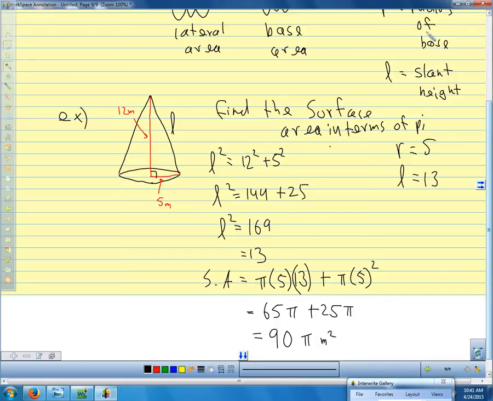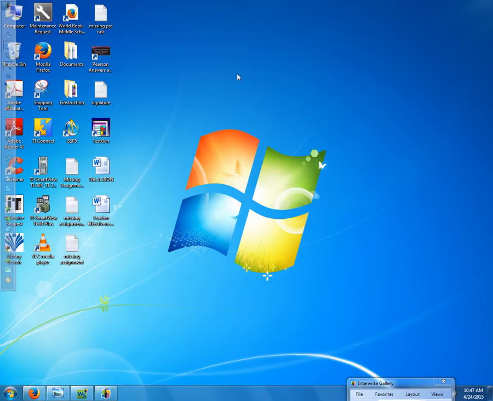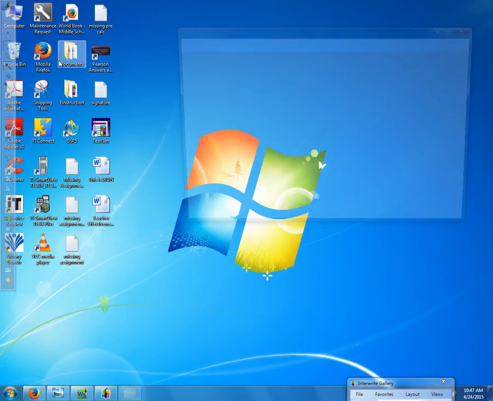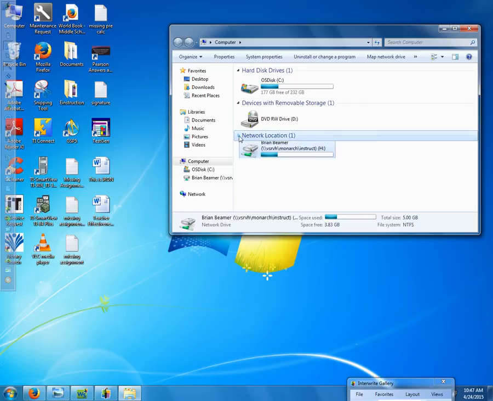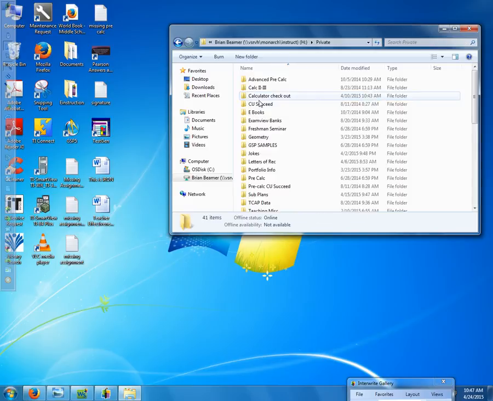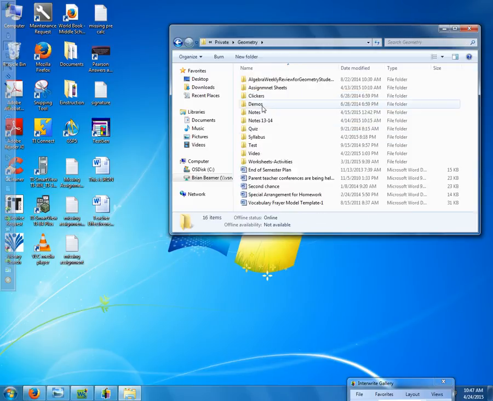And I have a little demonstration here that I wanted to show you that shows a bunch of different right triangles that we can use inside of pyramids. Where did I have it? Here.